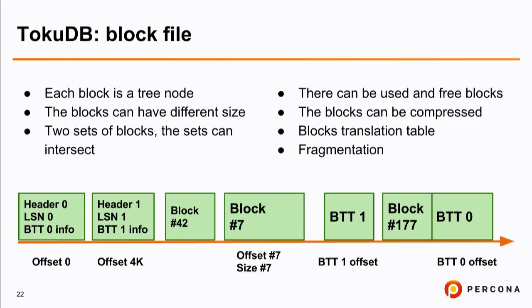So if we consider a TokuDB block file, we will see that it consists of blocks of different sizes, and two sets of blocks that can intercept. Why are there two sets? For consistency: in the case a crash happens during checkpointing, at least one set will be consistent.